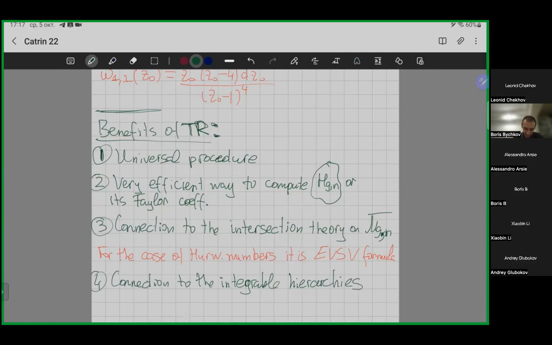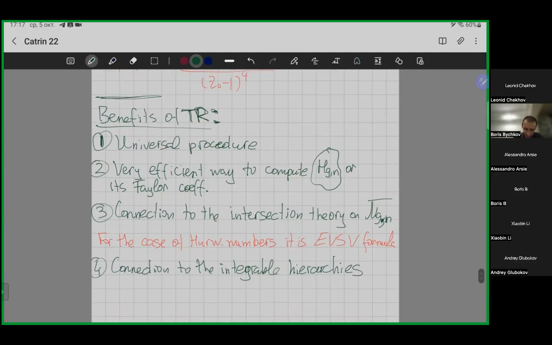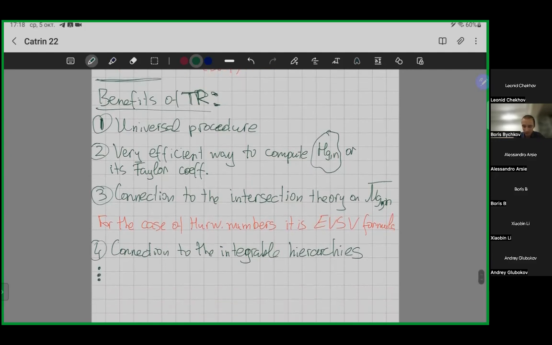So maybe I'll stop enumerating here, but I believe you could add more and more here. So these are the benefits, and it's an ongoing business, with very many people involved in this from different parts of maths.